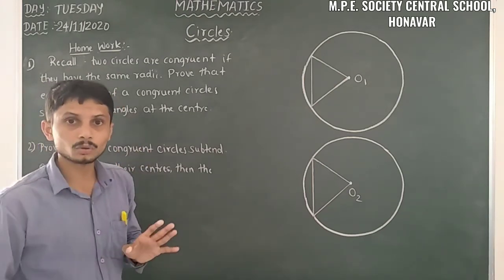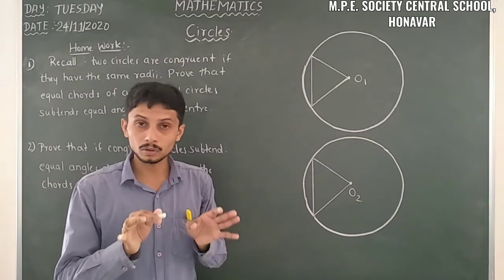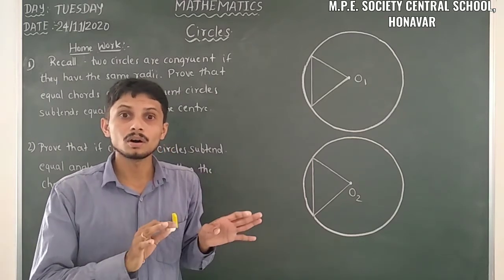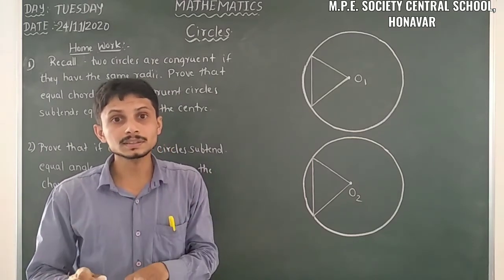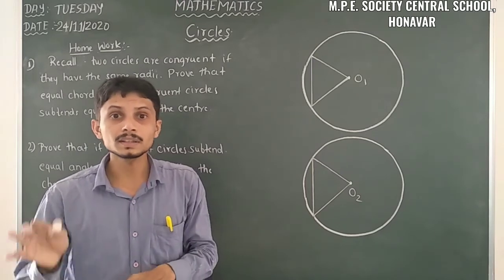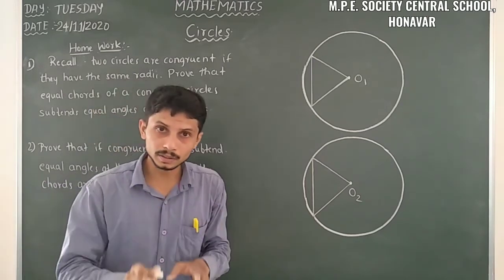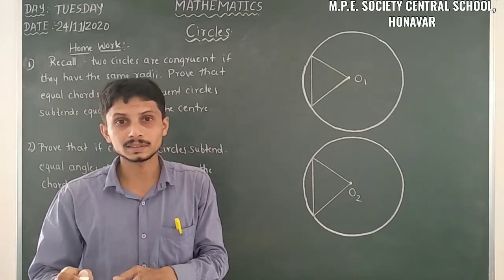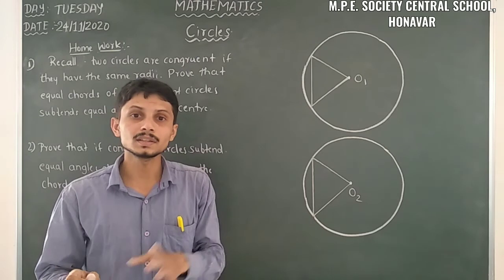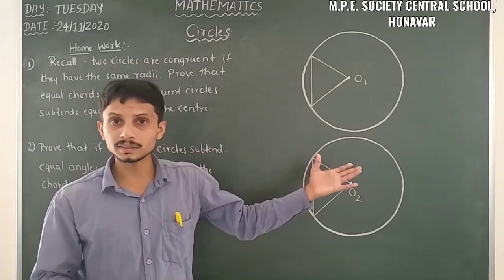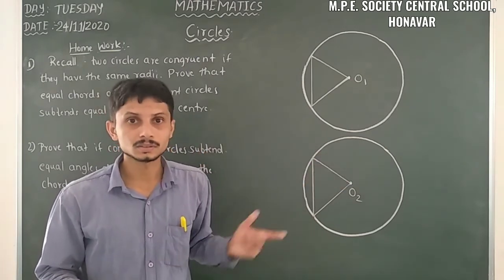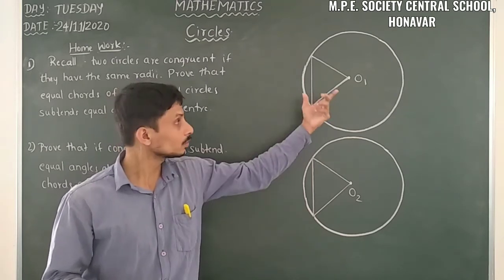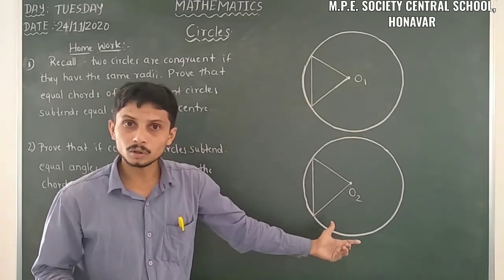We already discussed congruent figures: circles having the same radius are congruent. So here we have to take those two congruent circles.